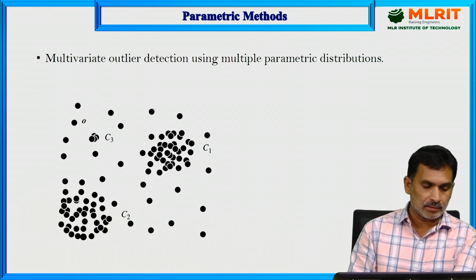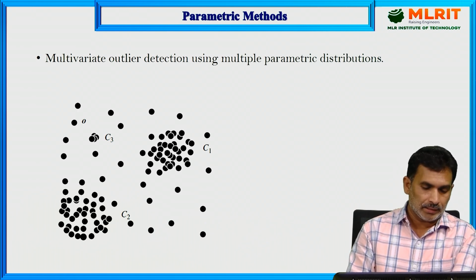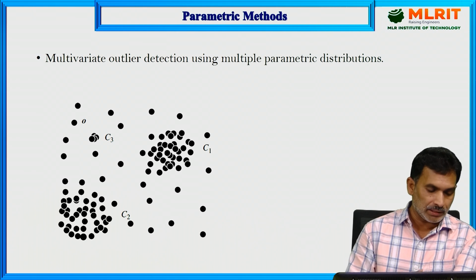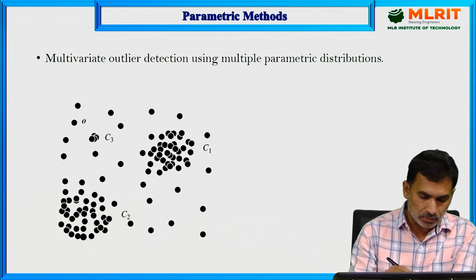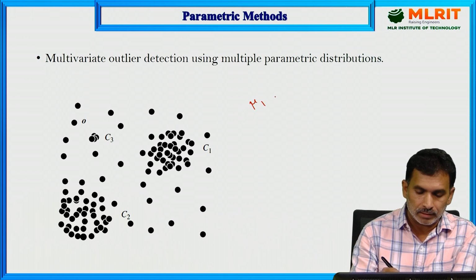Whereas in multivariate outlier detection we have to use multiple parameters. Suppose here we can use mu1 and mu2.